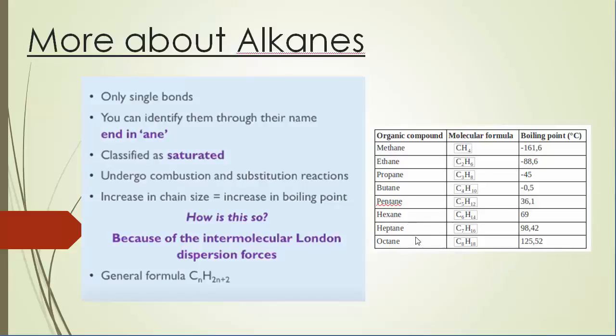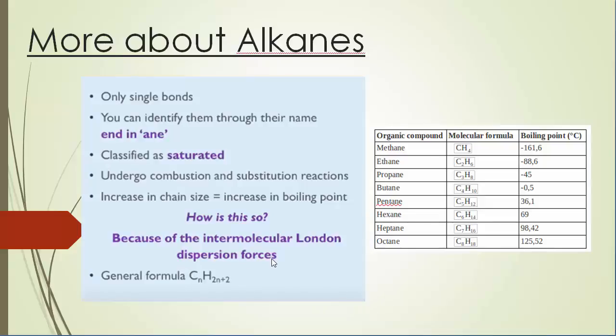If you look at the chart to the right, you can see that as chain size increases, there is a similar increase in boiling point. How is this so? Because of the intermolecular dispersion forces.